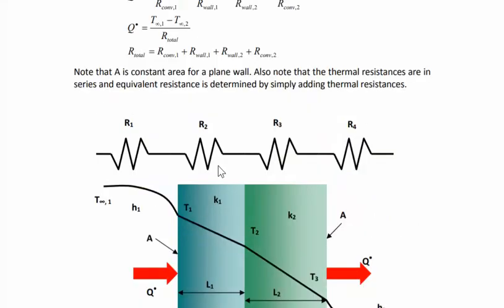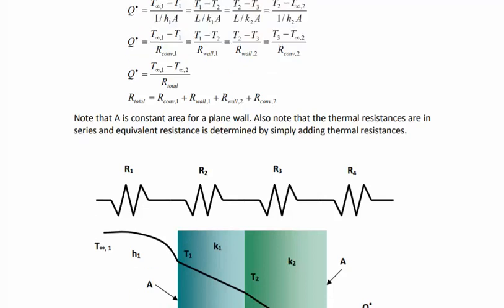In the initial phase, we have convection before the slab, or before the wall, and after passing through the wall, we again have the convection process. But between L1 and L2, the two thick plane walls, we have the phenomenon of conduction.